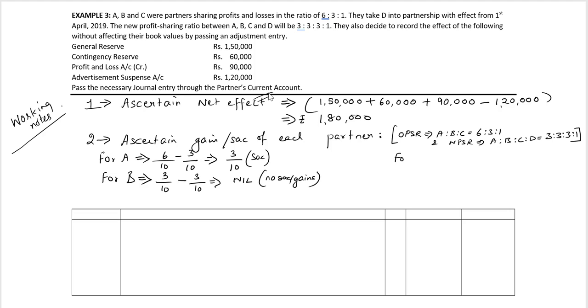For partner C, old share 1 by 10 minus the new share 3 divided by 10, negative 2 by 10, a negative figure, so C gains. And since D is an incoming partner with previously no share, D also gains 1 by 10.